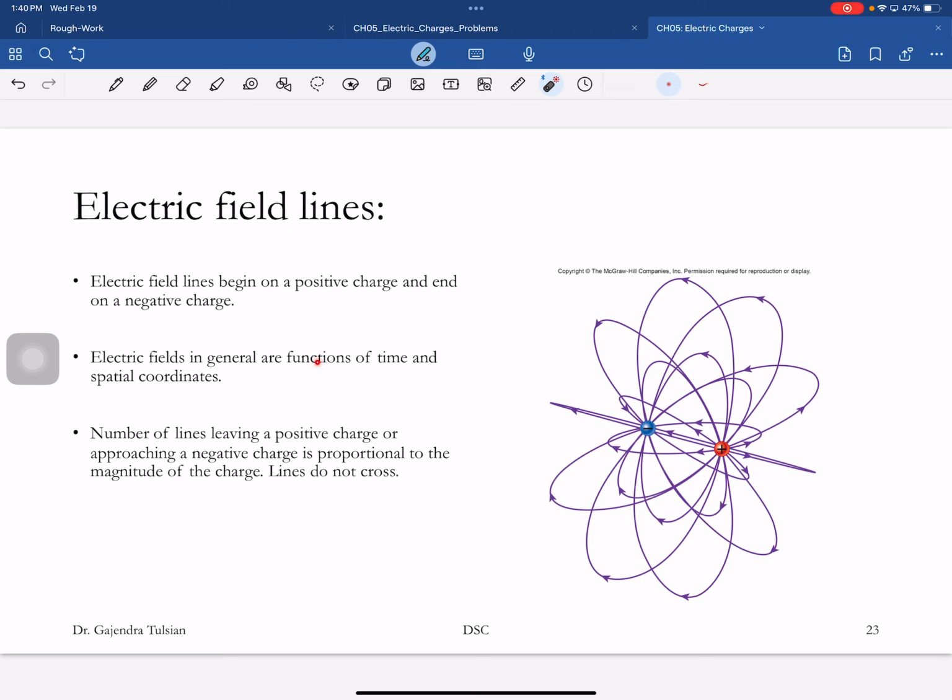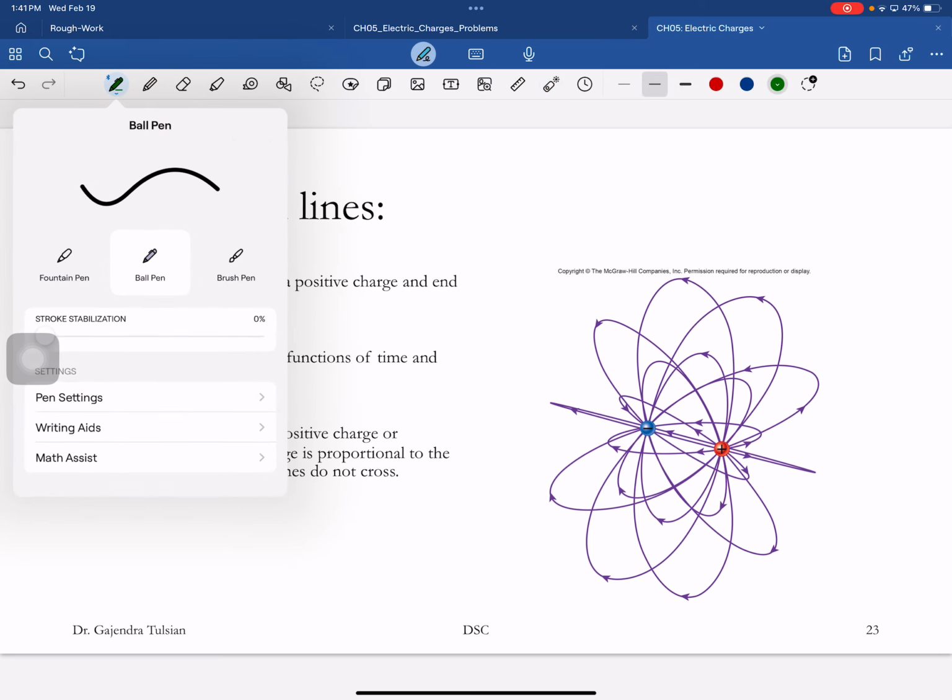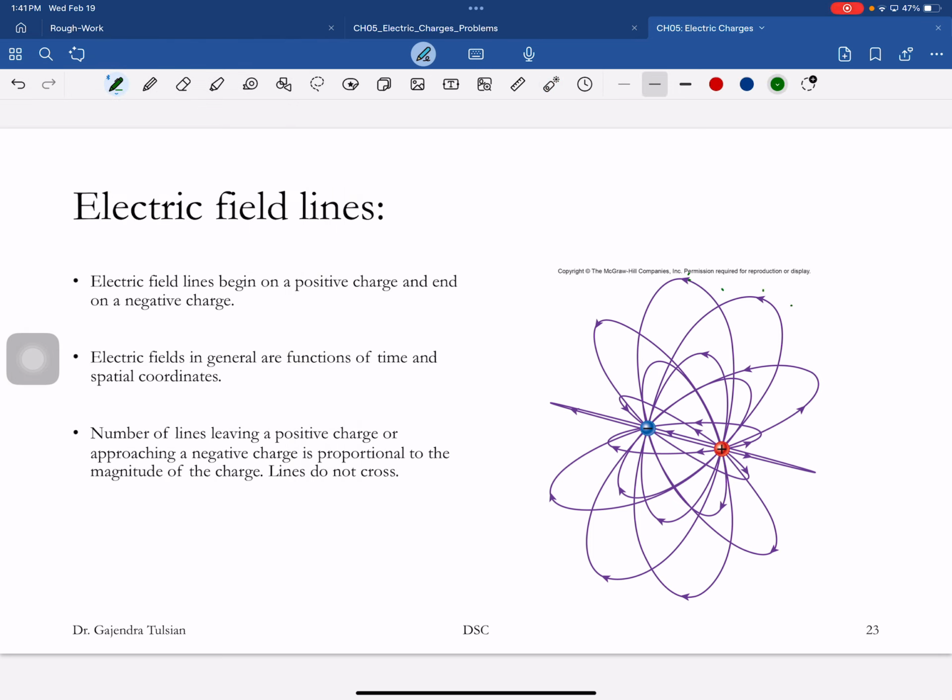Electric fields in general are functions of time and spatial coordinate. So you see, this is an electric field at every location. It's a vector field. That means at every location you associate a vector.